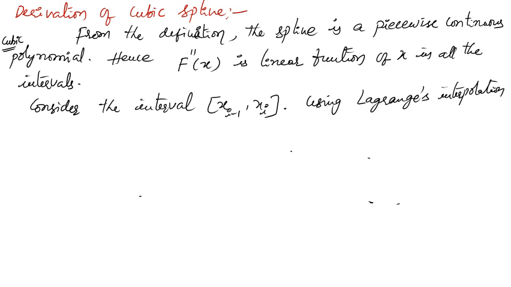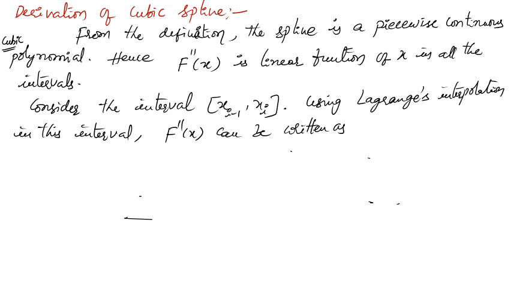In this interval f double dash x can be written as, now what are the points? Xi minus 1, xi, and what are the function values? Fi minus 1, fi. So what is the polynomial here?